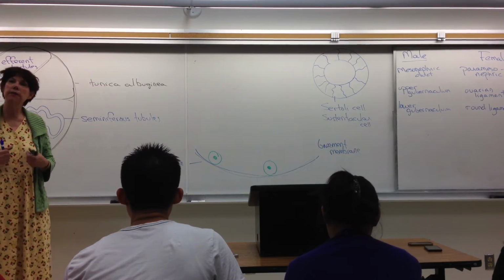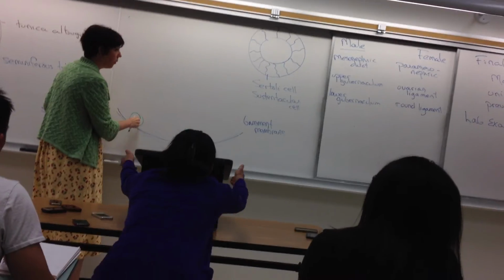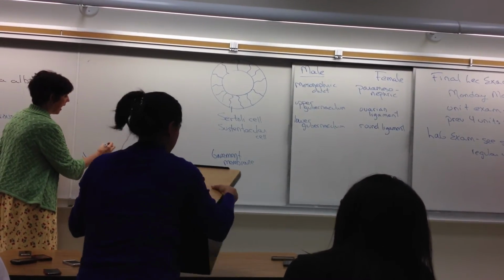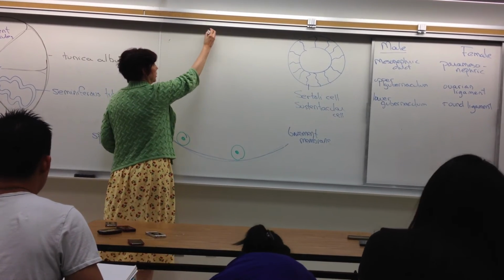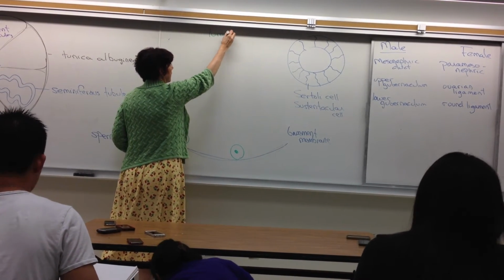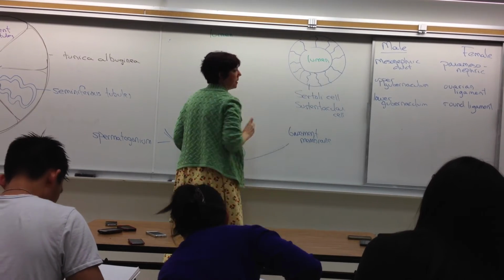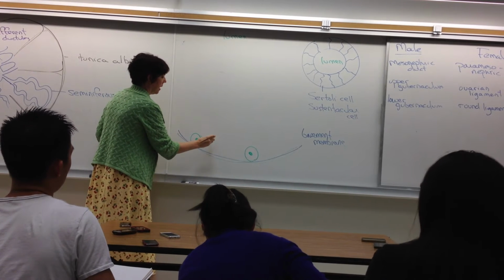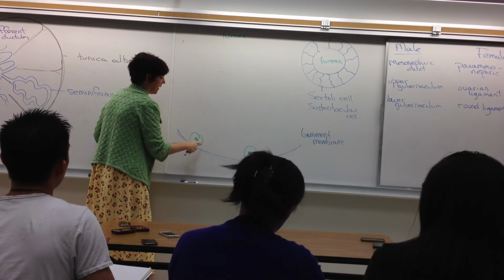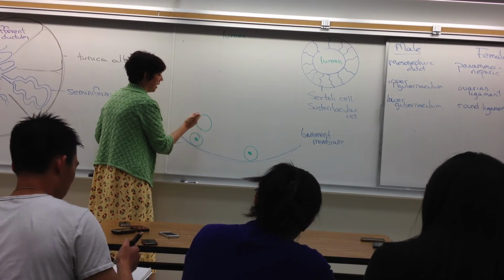Then they will undergo cell division, and they will divide, leaving one behind, and then the other one will start to migrate towards the lumen. So this will be the lumen of our seminiferous tubule. So one that gets left behind, okay, this one got left behind.